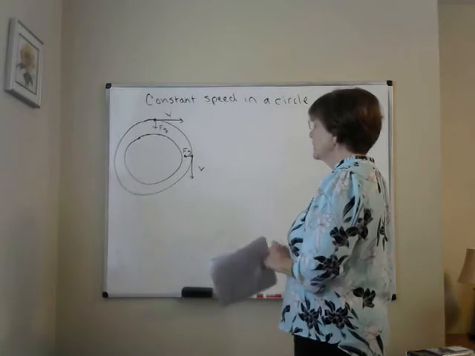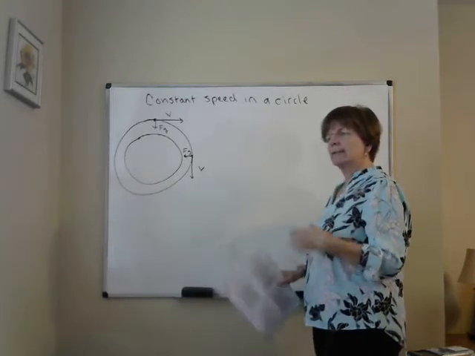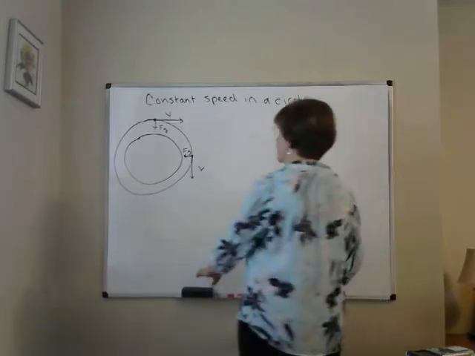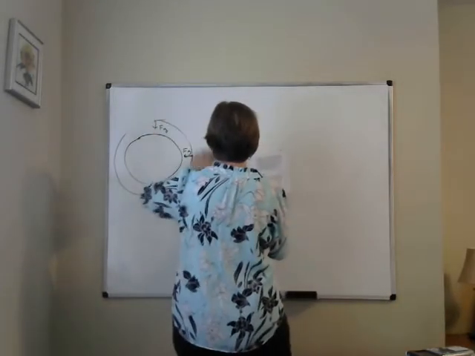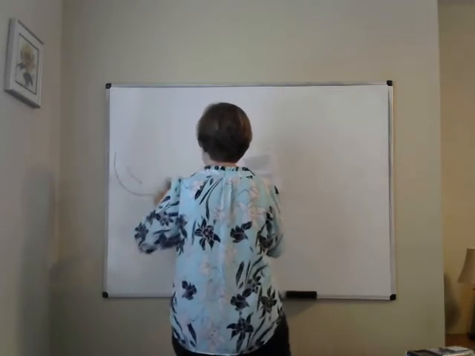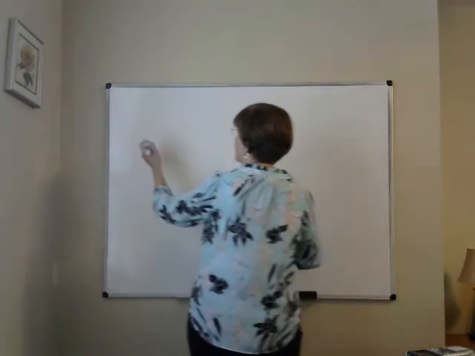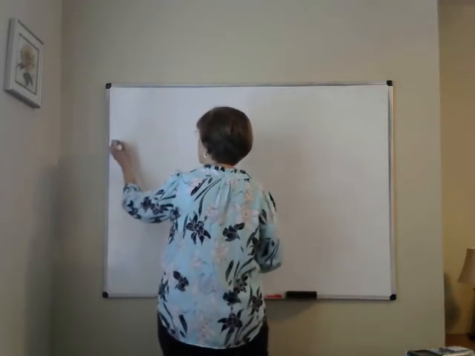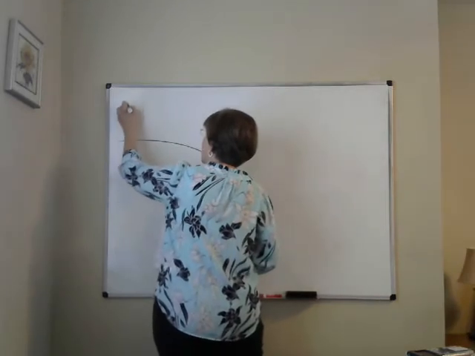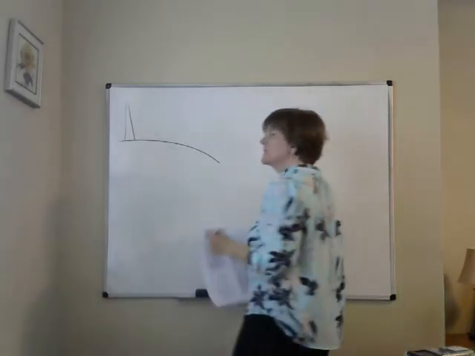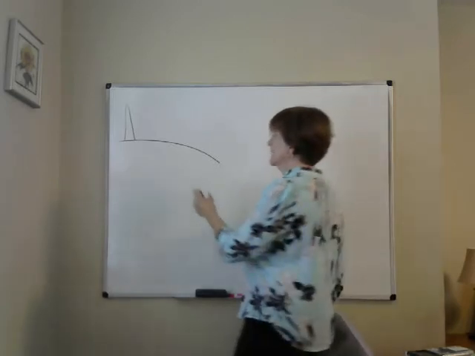Now, we're going to really look at why we go into orbit instead of just falling and crashing into the Earth. Okay, suppose that you build a tall tower up on top of the Earth. Here's my tall tower. And from this tall tower, I'm going to try and launch a satellite.